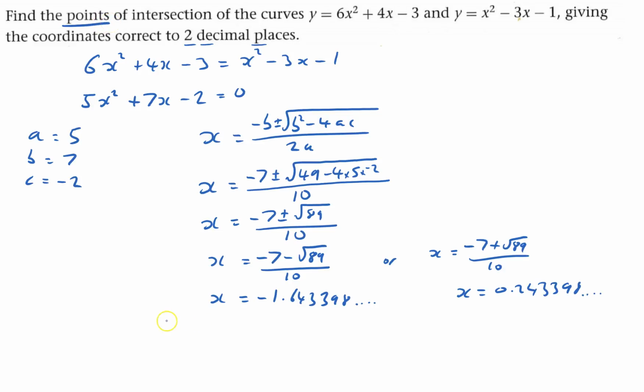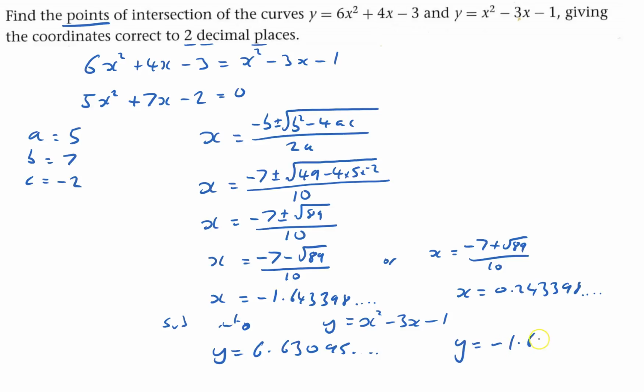Those are two possibilities, and I thought I'd find the points of intersection, not just x, so sub into y equals, I can choose the second one, so x squared minus 3x minus 1. Do this one, substitute in here. y gets to be 6.63095, and here y equals minus 1.67095.